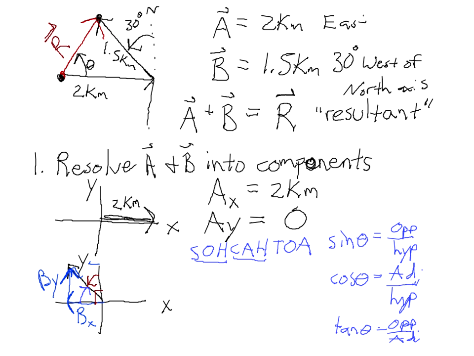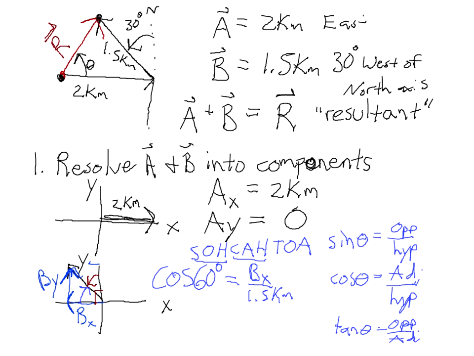So, if we're going to find Bx, and I know that this blue angle is 60 degrees, Bx is adjacent to the blue angle, and I know the hypotenuse is 1.5 kilometers, so I need to use cosine. So I have cosine of 60 degrees, because that's that blue angle, is equal to the adjacent side, that's Bx, it's what I'm trying to solve for, over the hypotenuse, which is 1.5 kilometers.